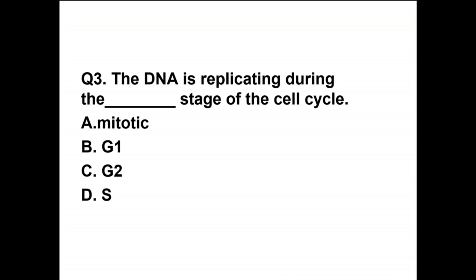Let us review. Please write down the correct answer for this question using the letter only, as you will need it later. Question 3. The DNA is replicated during which stage of the cell cycle? Choose the correct answer. This is question 3.